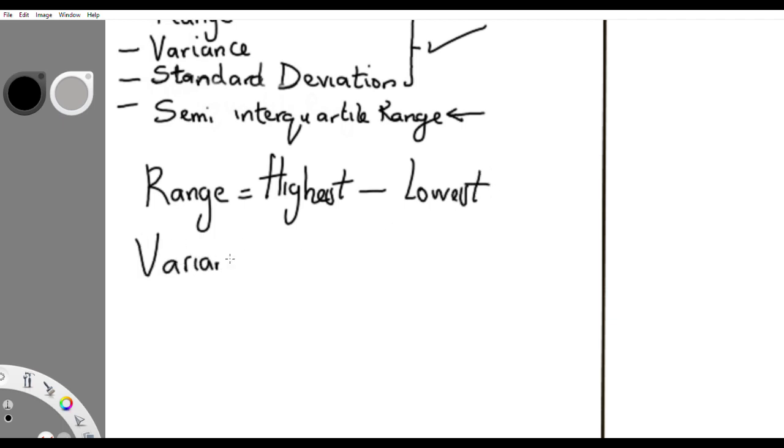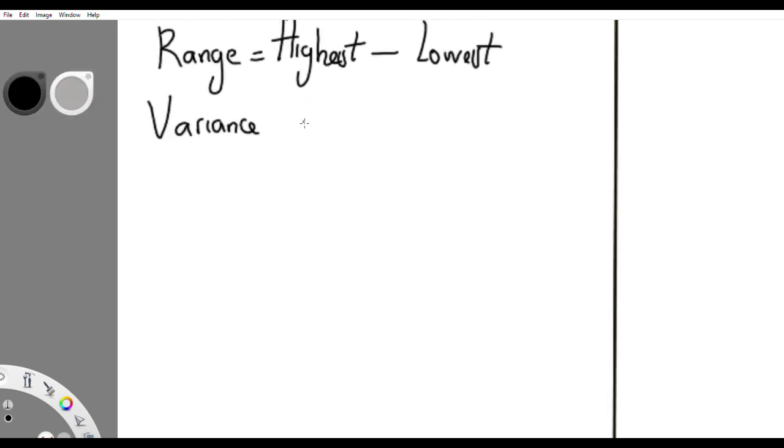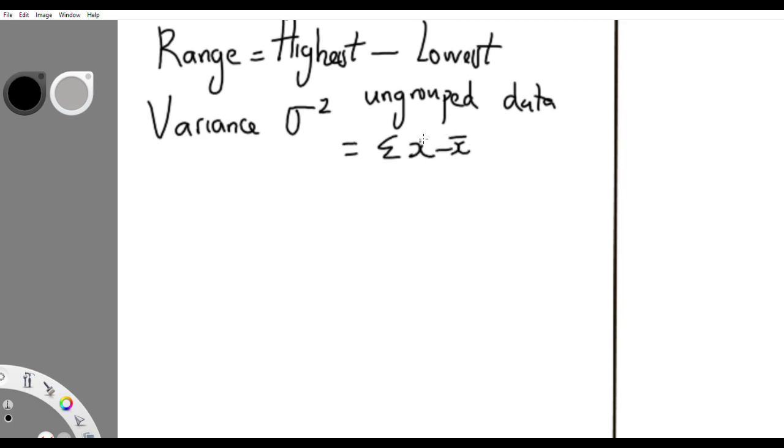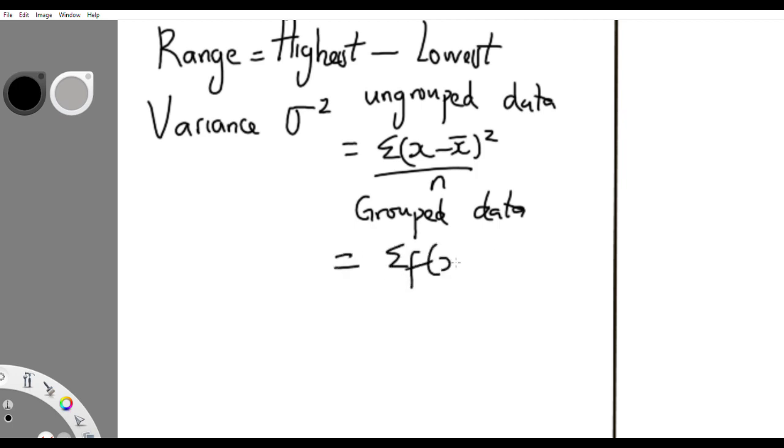Variance, that's sigma square, for ungrouped data is summation x minus x bar squared all over n, and for grouped data is summation f x minus x bar squared all over summation of f.